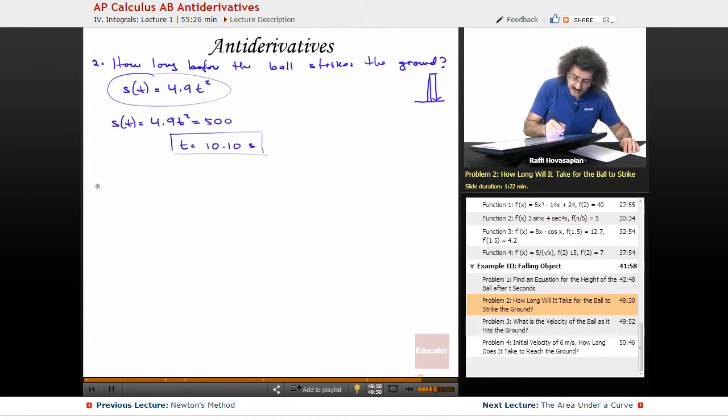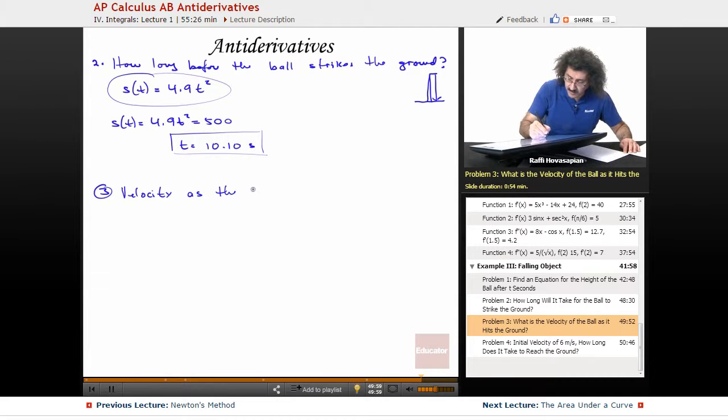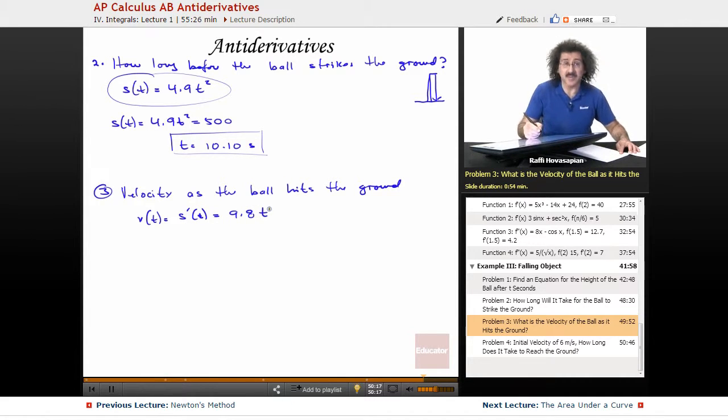Number 3. Velocity as the ball hits the ground. Well, we said that our velocity function, which was our first antiderivative, s prime of t, equals 9.8 times t.